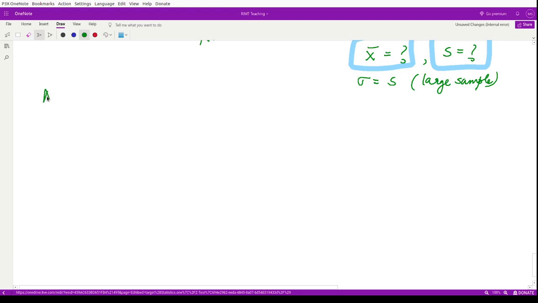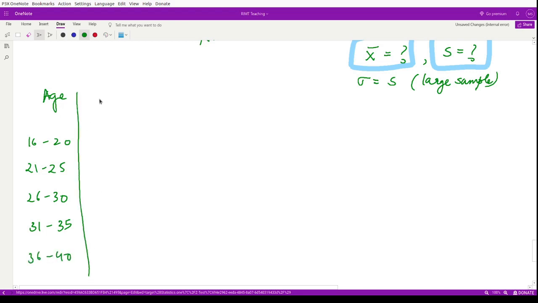So the age is given to be 16 to 20, then 21 to 25, 26 to 30, 31 to 35, 36 to 40. So these are the class intervals. Then this is the frequency, the number of persons lying in the age group, that is 12, 22, 20, 30 and 16, right? So from this data we have to calculate our mean and standard deviation.